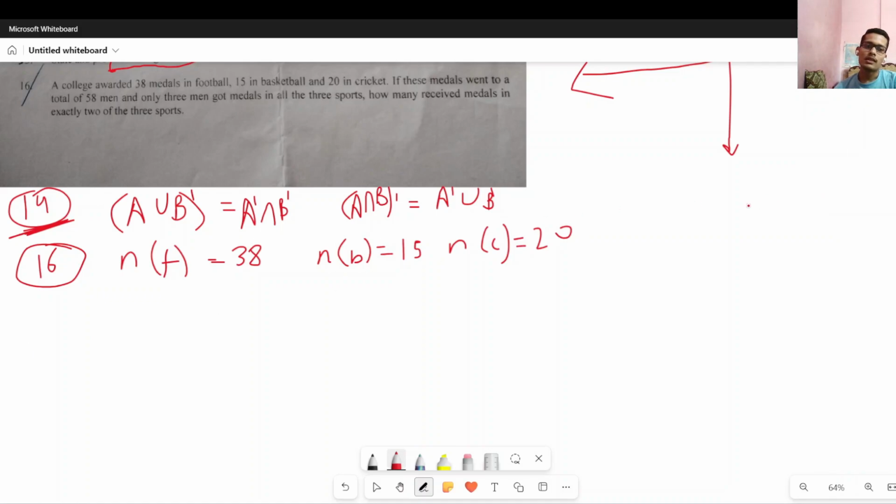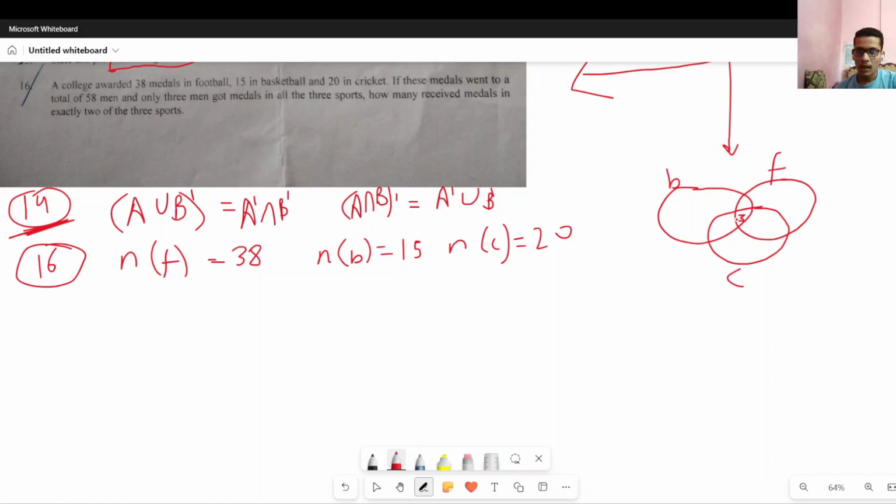Okay, so what they are asking, let's just make a Venn diagram. So this is our Venn diagram. Let's just suppose that basketball, then football, and then cricket. Okay, they have told us that 3 men got all the medals.